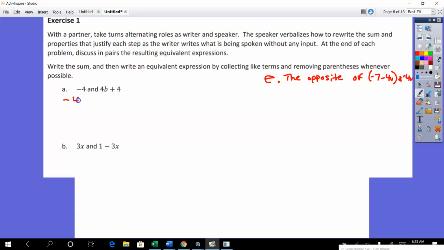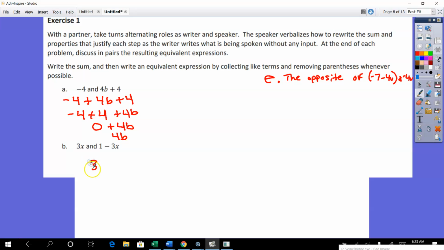Okay, so you had negative 4 and 4b plus 4. You move the negative, you have the negative 4, nothing was a subtraction, so you could leave it. You put the 4 next to it and then had 4b. This gave you 0 plus 4b, which leaves you with 4b.